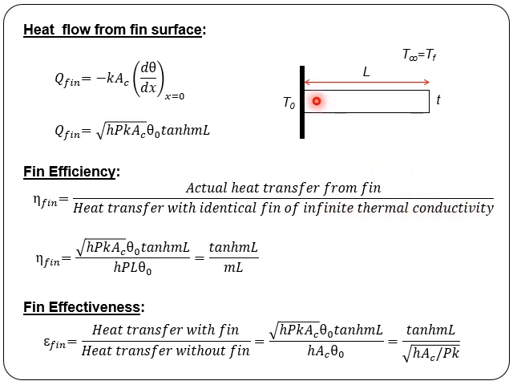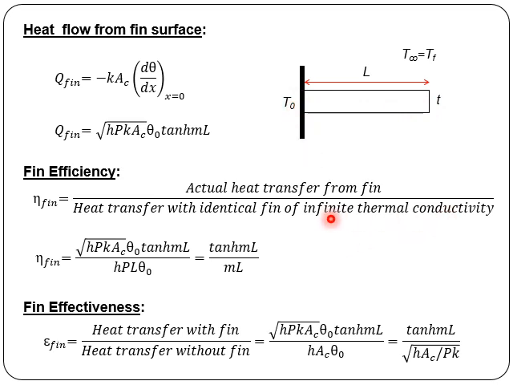What does it mean? In the actual case, you have some finite conductivity of the fin, so there is a temperature drop along the length of the fin. Suppose the temperature here is 100 degrees Celsius, it will go on decreasing, and suppose at the tip it is 50 degrees Celsius.